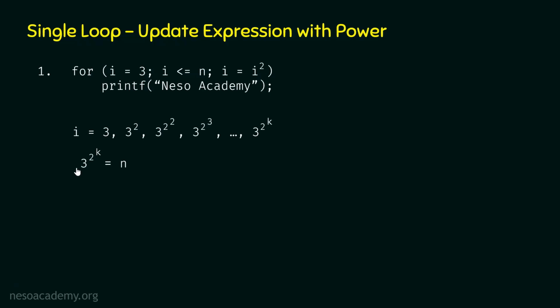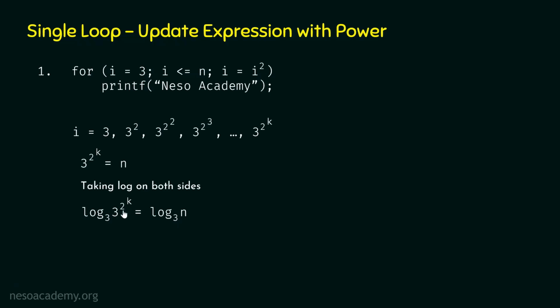So let's take log base 3 on both sides. After applying log base 3 on both sides, we will get log 3 power 2 power k base 3 on the left hand side and log n base 3 on the right hand side. Now what is log 3 power 2 power k base 3?